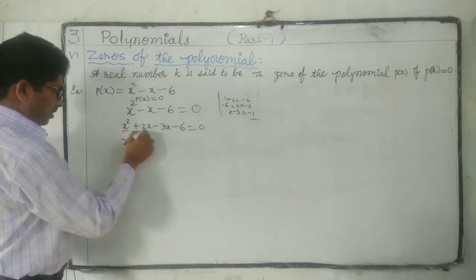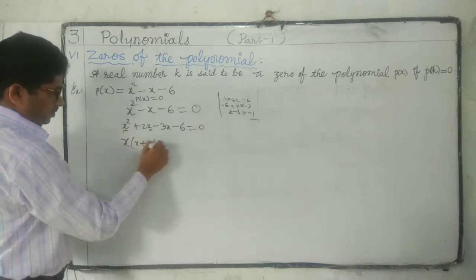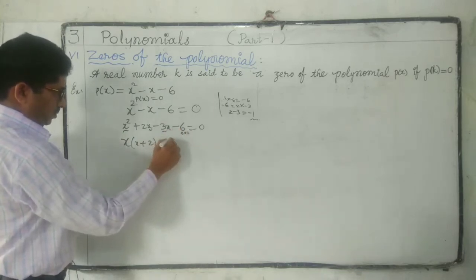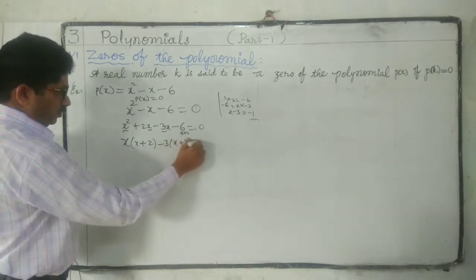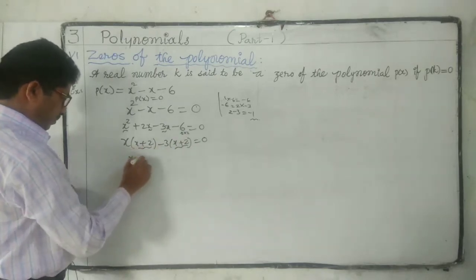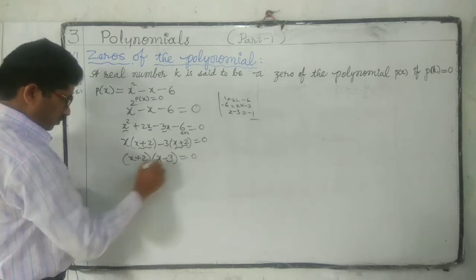In this, x is common: x plus 2. In this, 3 is common: 3 times minus 2. Sorry, x plus 2 is equal to 0. x plus 2 is again common, x minus 3 is equal to 0.